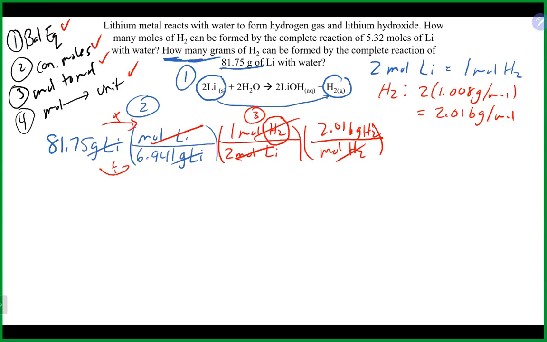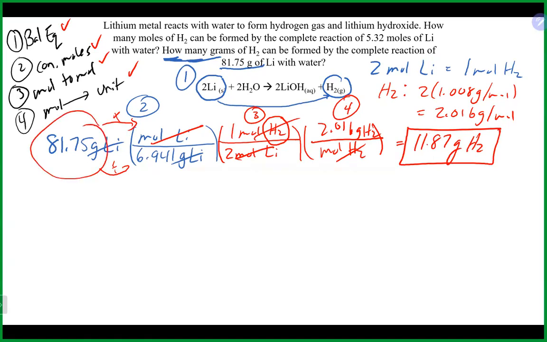And that gets us 81.75 times 2.016 divided by 6.941 and divided by 2. Looks like 11.87 grams of H2 at this point. Significant figures are based off of the original number there, which has 4.